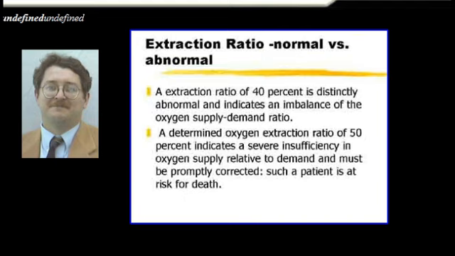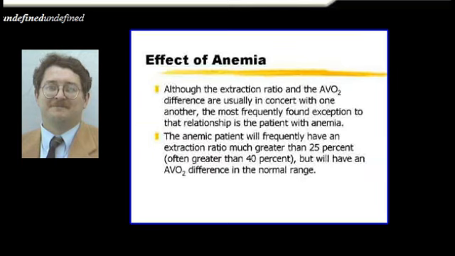An extraction ratio of 40% is distinctly abnormal, while an extraction ratio of 50% indicates a severe insufficiency in oxygen supply. Sometimes it's easier to look simply at the AVO2 difference rather than calculate the extraction ratio, as they generally go hand in hand.